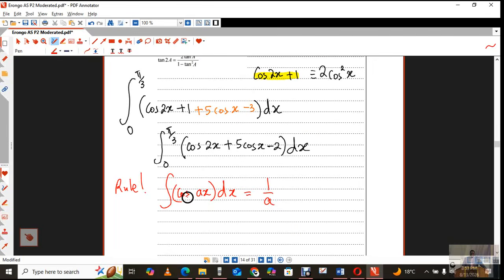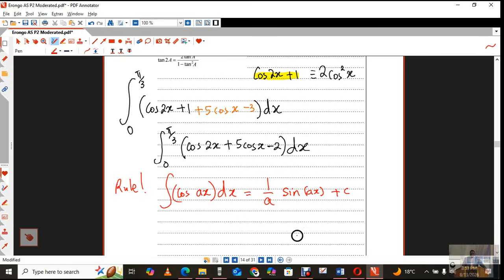Then the derivative of cosine, okay, this is supposed to be something that you should know. The derivative of cosine is not the derivative, sorry, my goodness gracious, the integral. Integrating, the integral of cosine is sine. So this is going to be sine of ax, obviously plus the constant of integration.